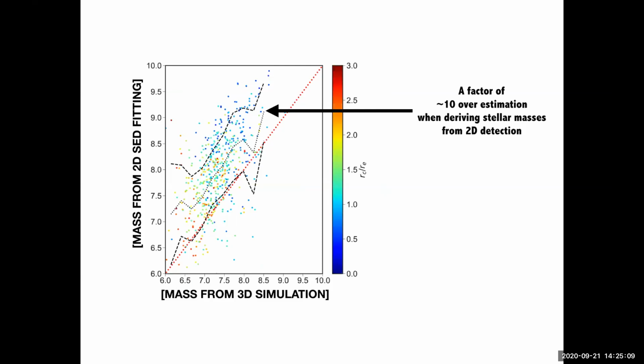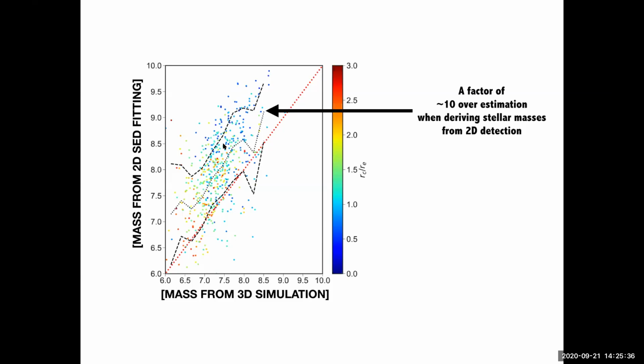So what is causing this? I don't have an exact answer, but I'm showing some hints here. For example, the color code is the distance of the clump to the galaxy center: redder is farther away, and blue is closer. You see a trend: clumps which are close to the center are more overestimated.